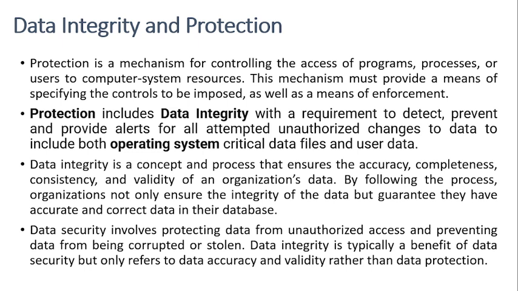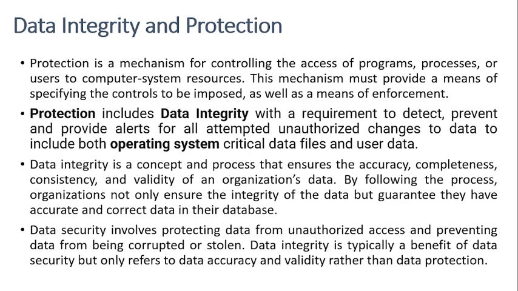So now we are going to discuss the final concept, data integrity and protection. Protection is a mechanism for controlling the access of programs, processes or users to the computer system resources.